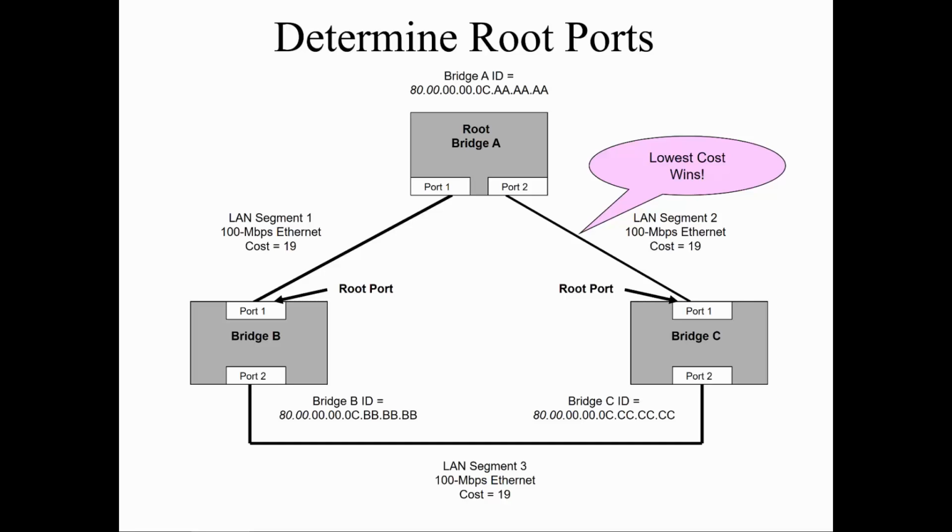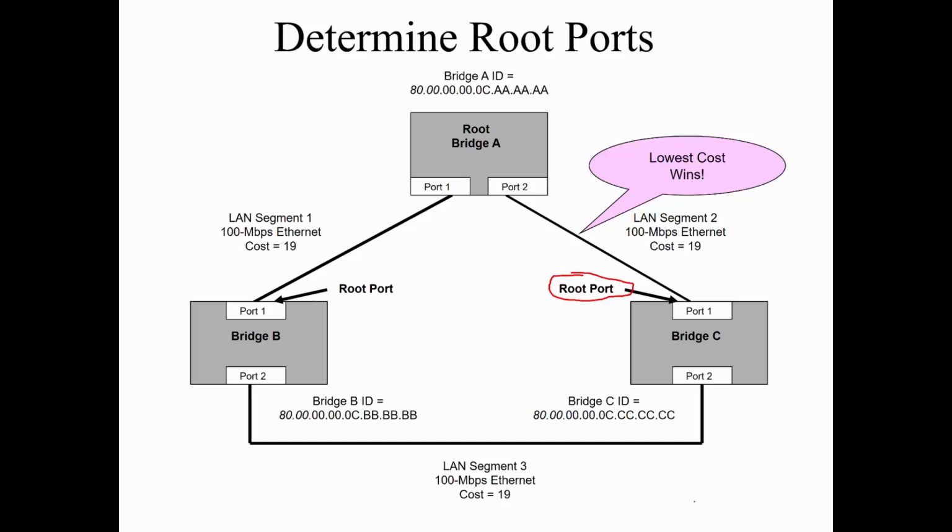Even though both are 100 megabit connections, we may actually disable the loops or the ports that turn off loops. An interesting thing actually here is the port that is facing or going towards the root bridge is called a root port.